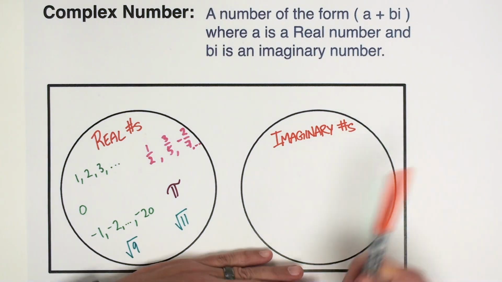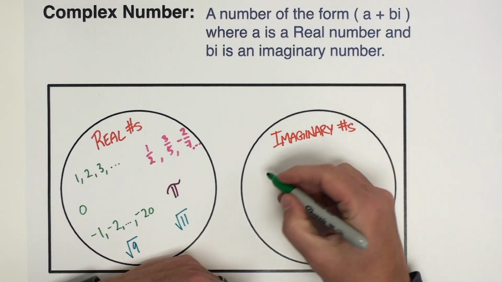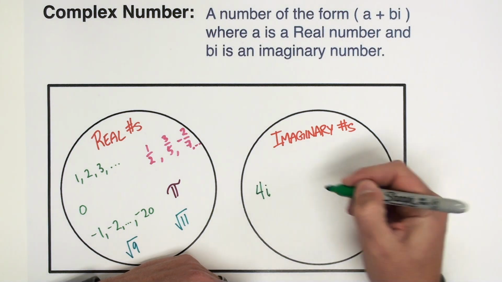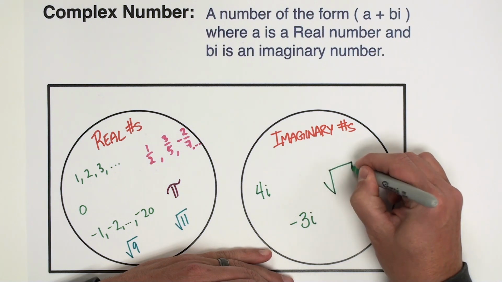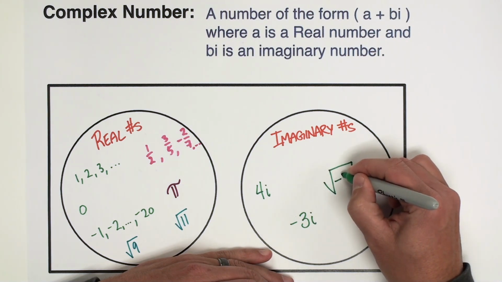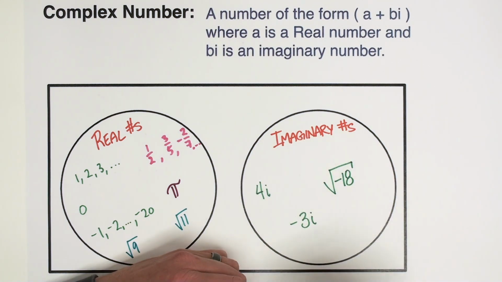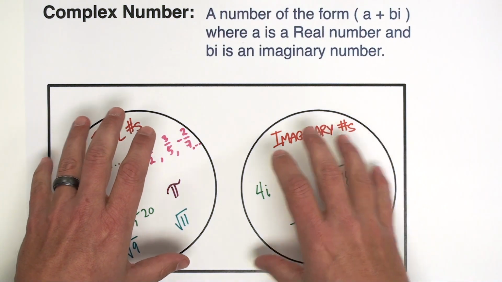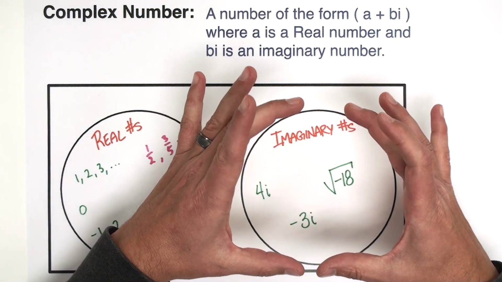And there we've got numbers, not as many variants like we had real numbers, but we have numbers like 4i or -3i or square root of -18, like any square root of negative number, it's imaginary, right? So we've got these two distinctly different kinds of numbers. We've got real numbers over here, we've got imaginary numbers over here.